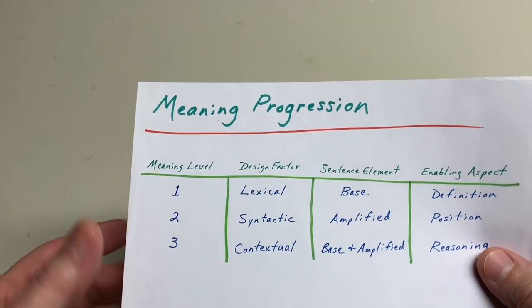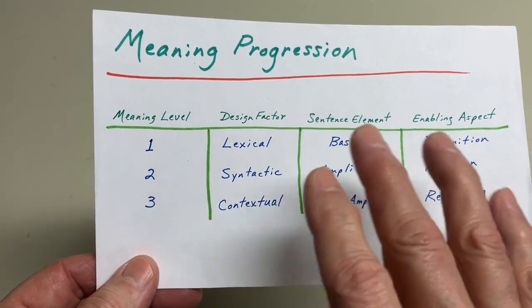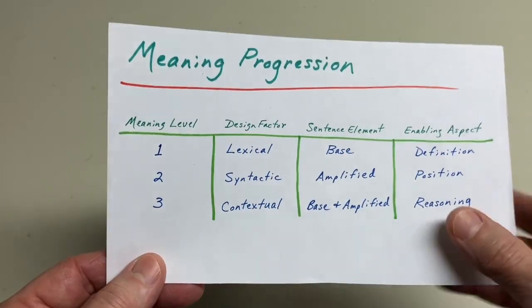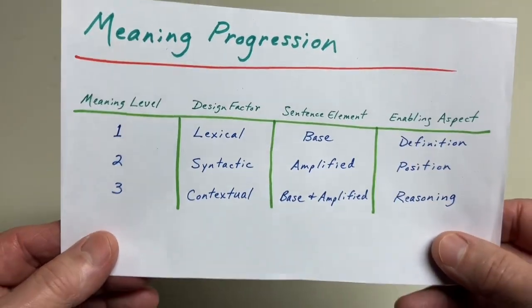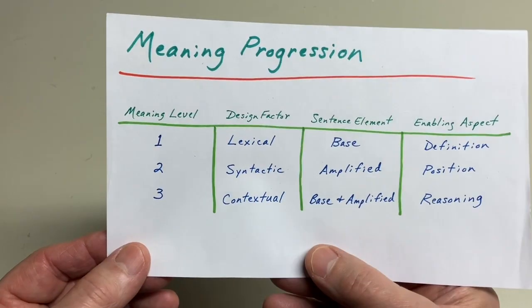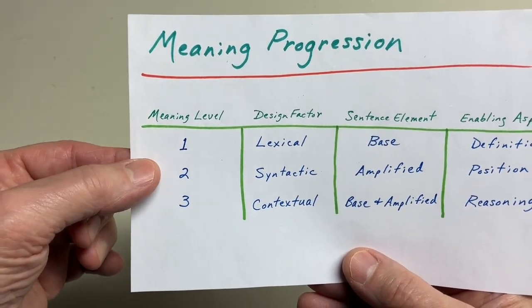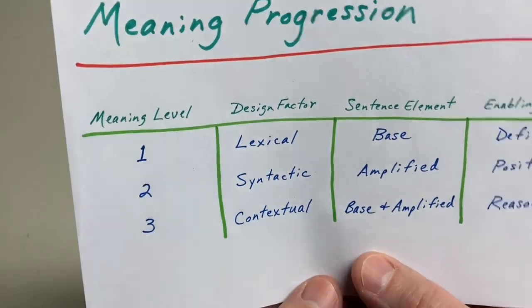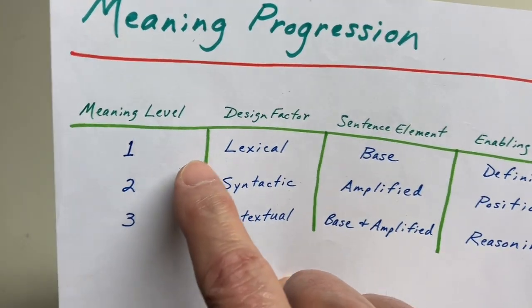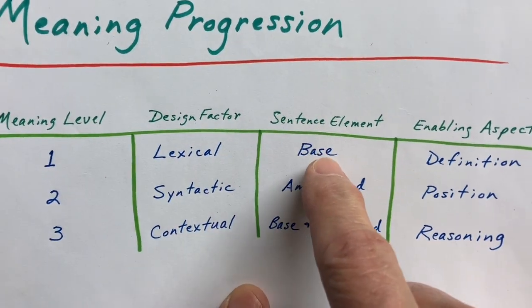In the mind, the sense of meaning and comprehension happens at super speed, faster than the speed of light, actually. But here's a quick example of the progression. Let's say we have meaning levels, levels or degrees. Well, meaning level number 1, your design factor is lexical, and you're dealing with base elements.